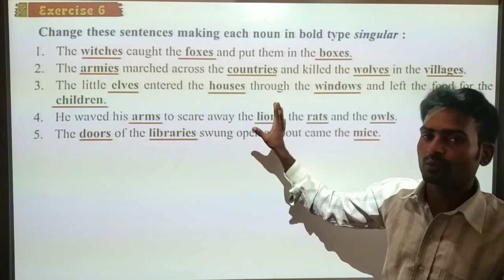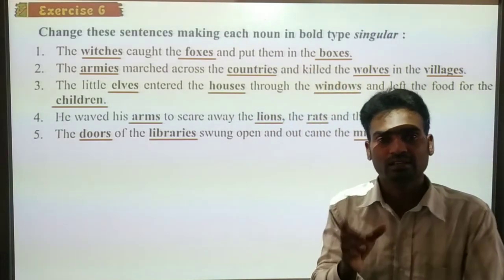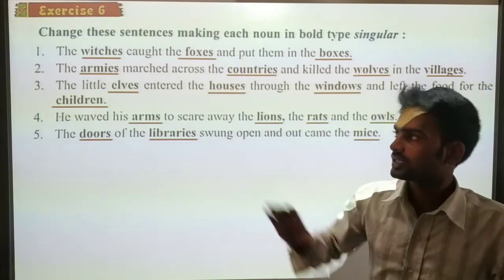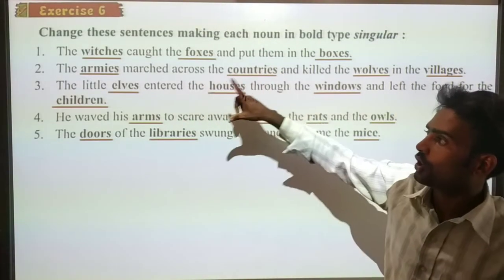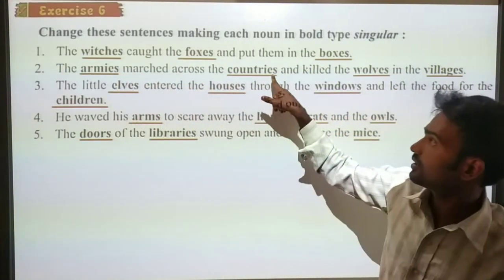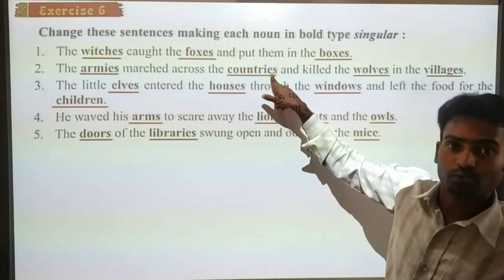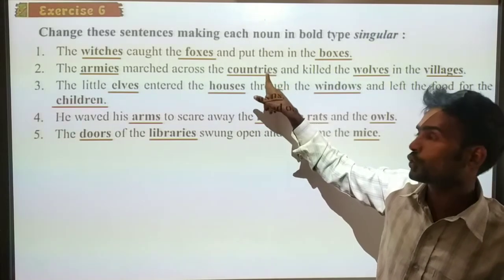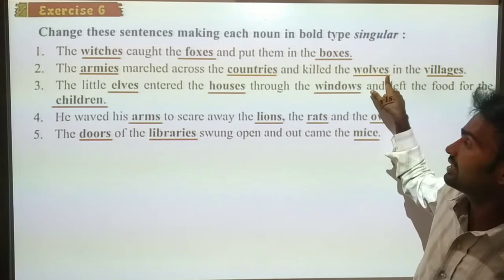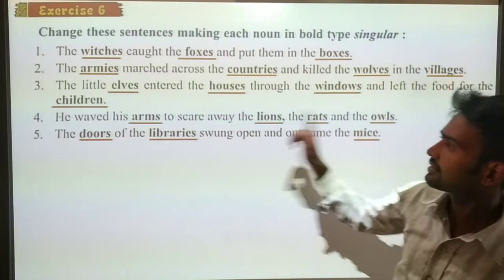So in this way only we can identify whether the given noun is plural or singular. See, all the underlined words are ending in plural endings: es, ies. So we have seen already the rules: ies and ves, es.